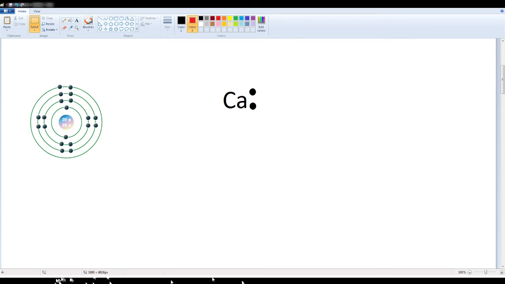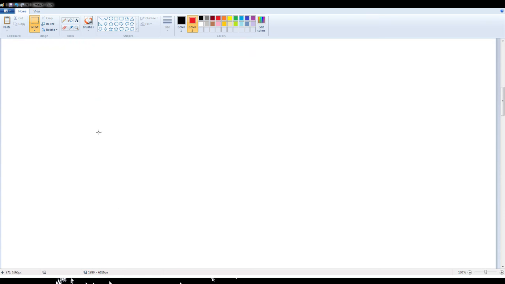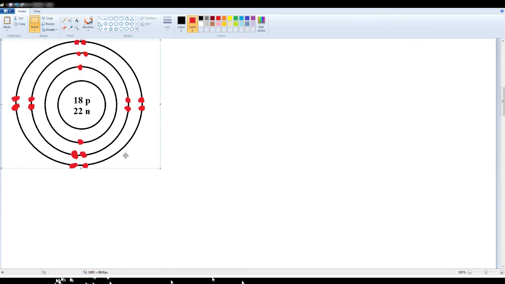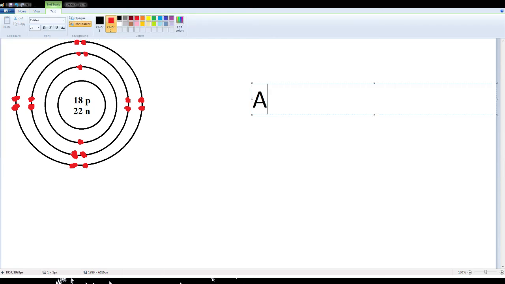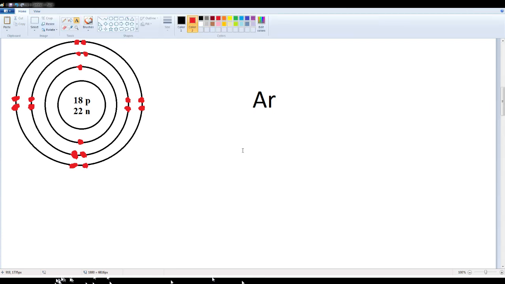Let's look at another one. So what if we did instead something like element number 18, argon. If we look at argon, argon's Bohr model would look something like this. We're going to write its symbol. Argon is Ar.